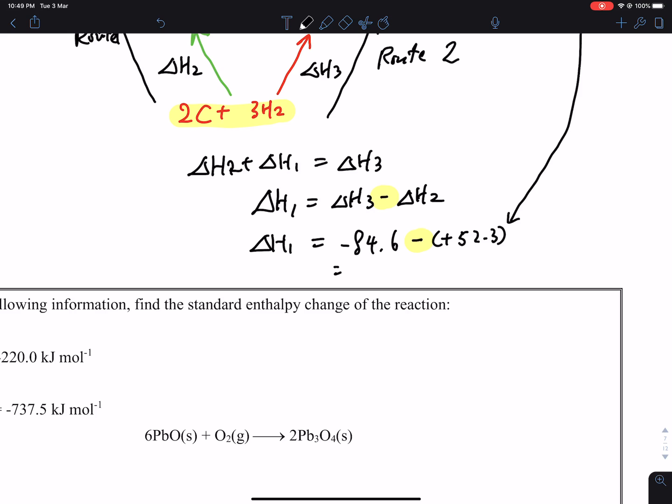So it is equal to negative 84.6 minus 52.3. The answer will be negative 136.9 kilojoule per mole. This is the original method that we use, by using the enthalpy change cycle.